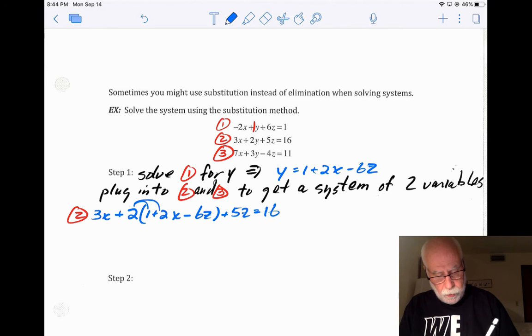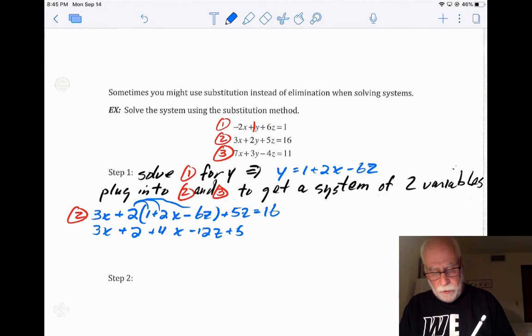I'm going to distribute that 2 through the parentheses. That'll give me 3x plus 2 plus 4x minus 12z plus 5z is equal to 16.